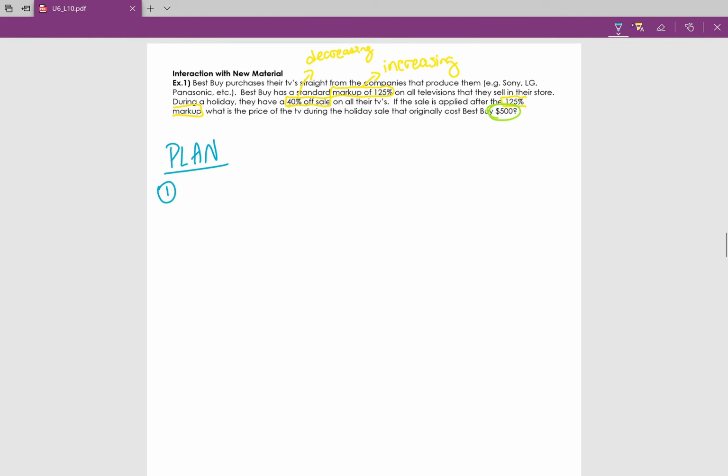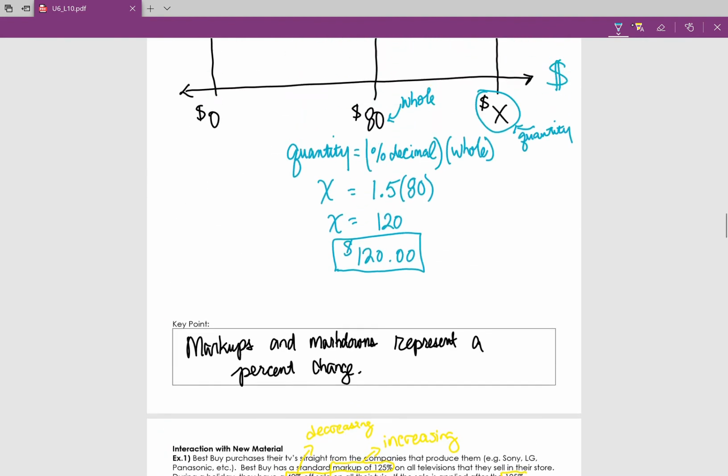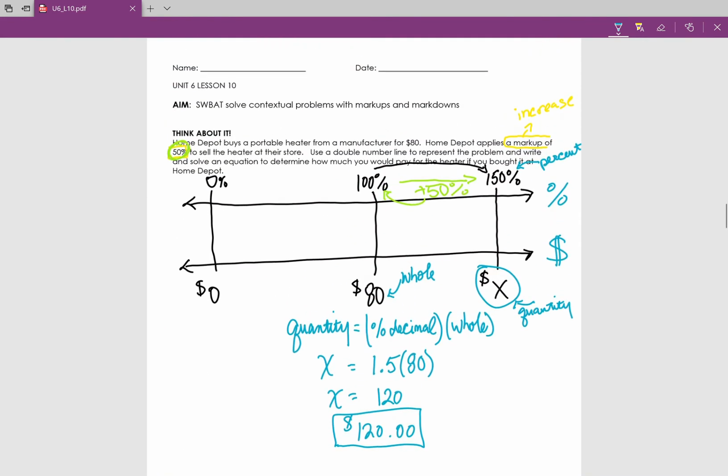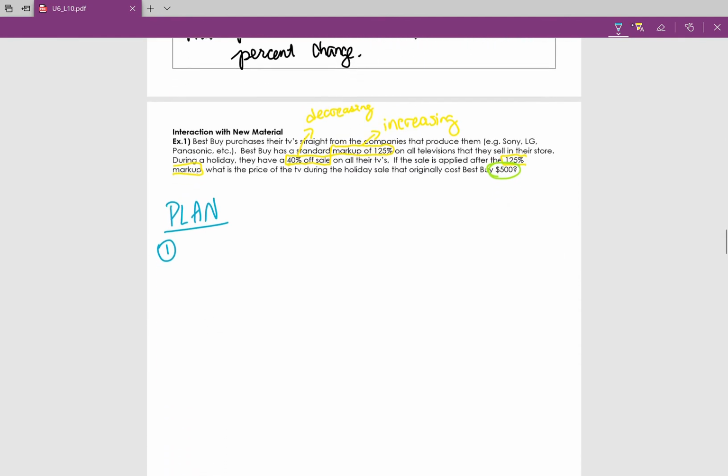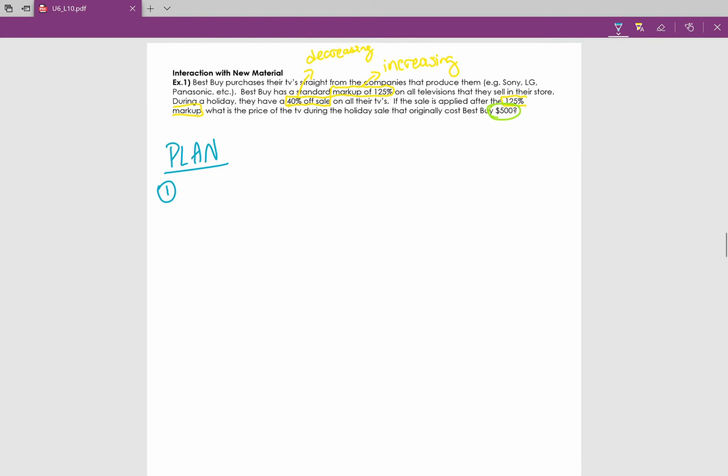If we don't remember, we can always think about it. It looks like we had to add our 50% to 100%. So again, I'm going to take that markup percentage and add it to 100%. So we're going to mark up the price by 125%.